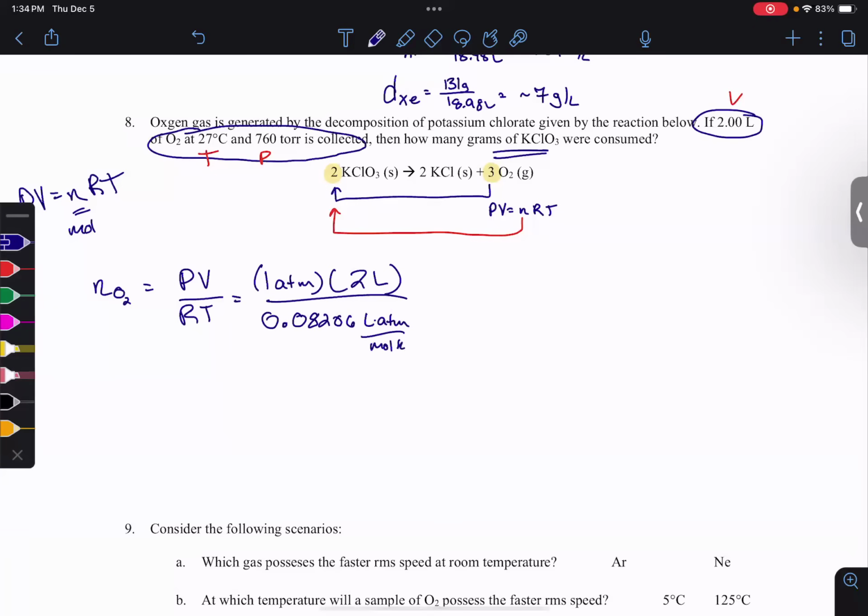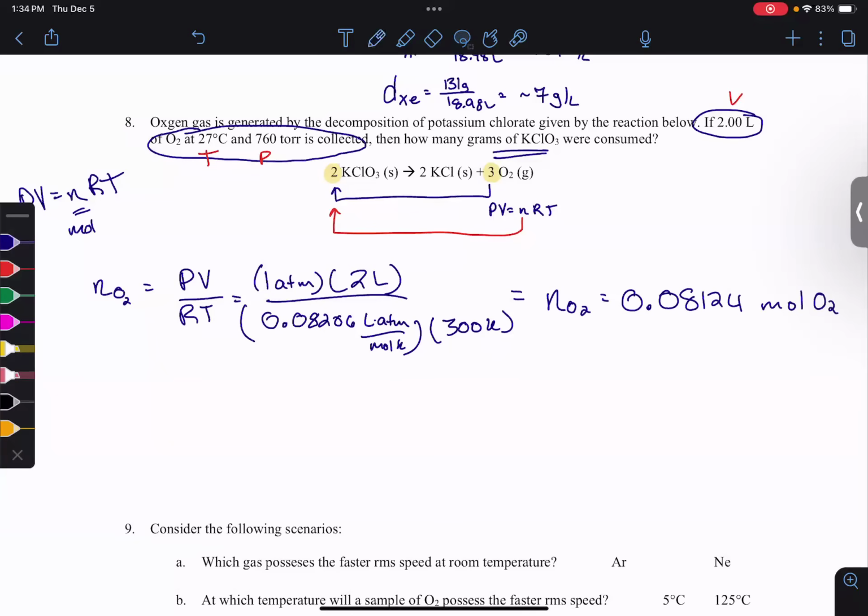Liter atm per mole Kelvin. And then the temperature, 27 plus 273 is exactly 300 Kelvin. All of that together, I get that the mole amount of oxygen that I generated in this reaction was 0.08124 moles of oxygen.